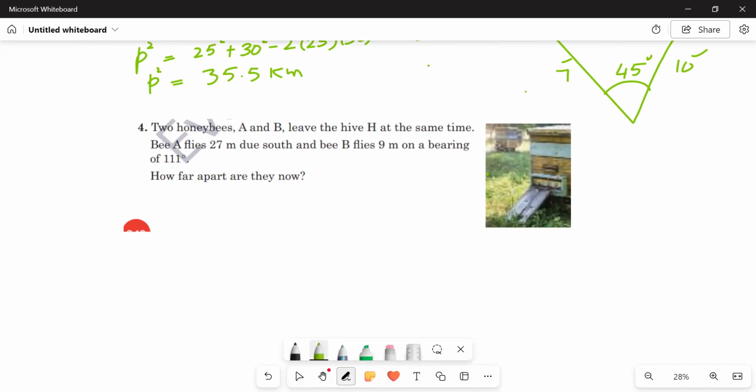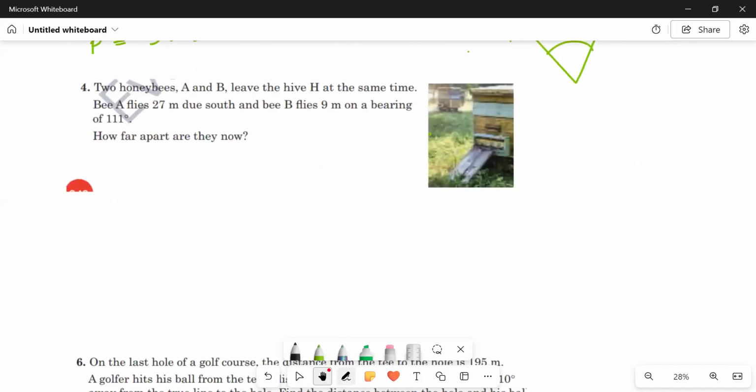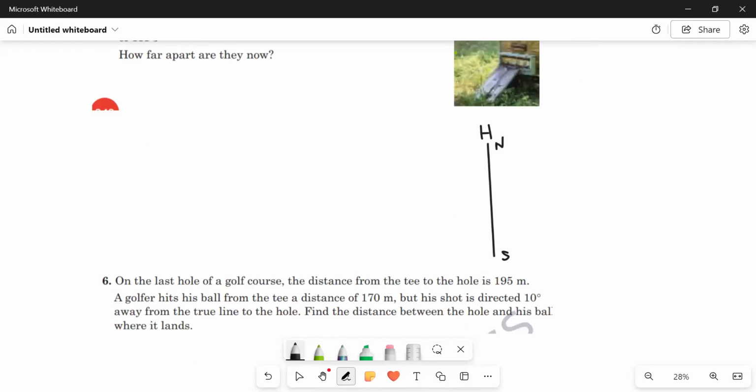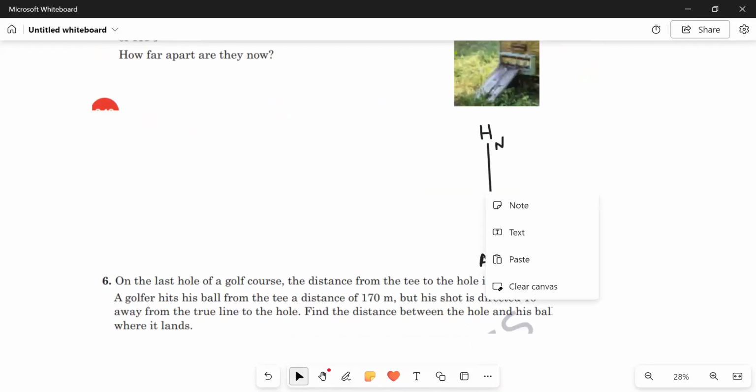Let us take the hive as H. So A and B are leaving at the same time. Now honeybee A is moving to the south position. So this is south and this one is north.